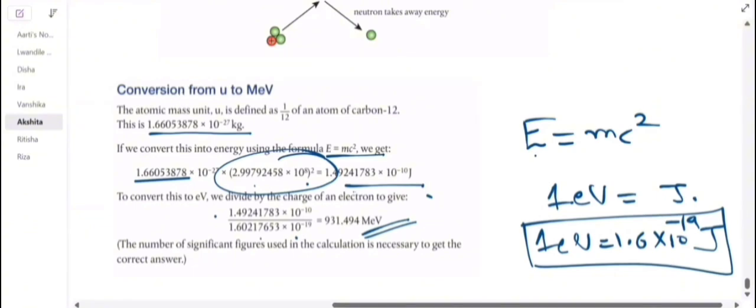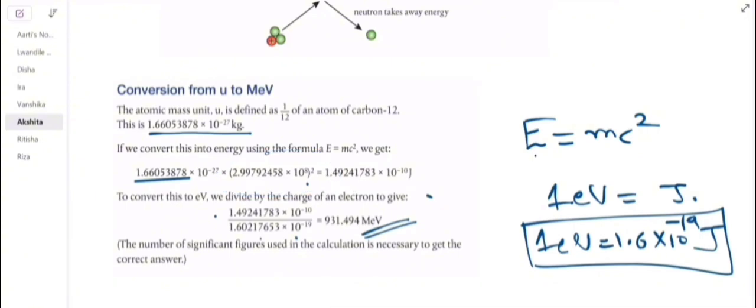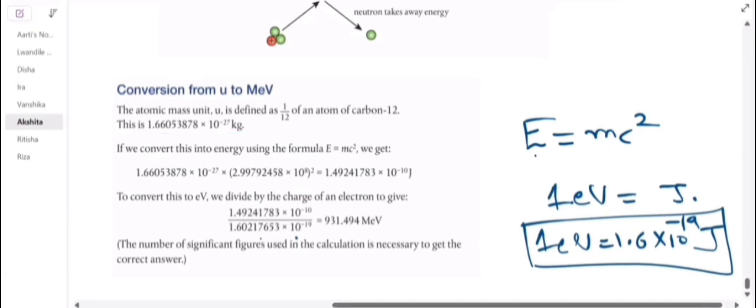Any doubts? So he had just converted eV to joule, eV to MeV, and that is how we got 931.4.